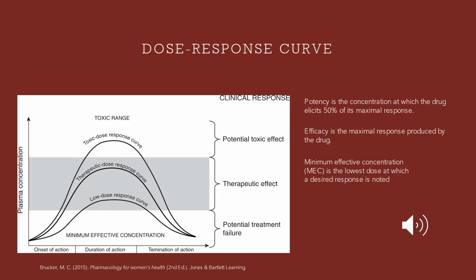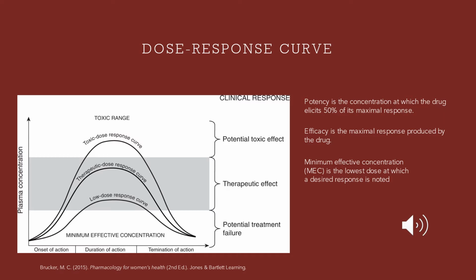dose-response relationship. A dose-response curve can be drawn by plotting the concentration of the drug on the x-axis and the response on the y-axis. The minimum effective concentration is the lowest dose at which a desired response is noted.